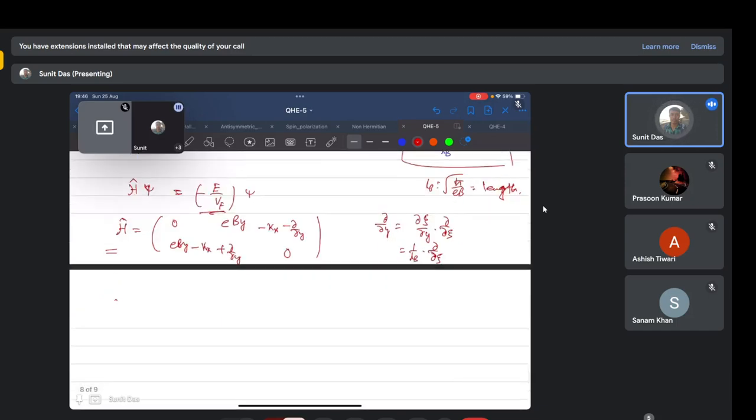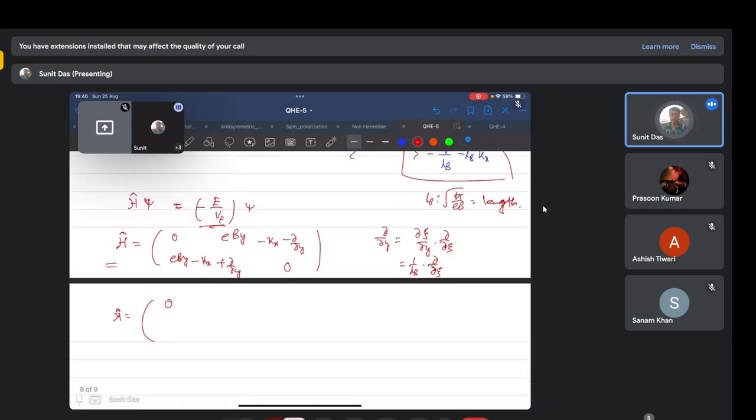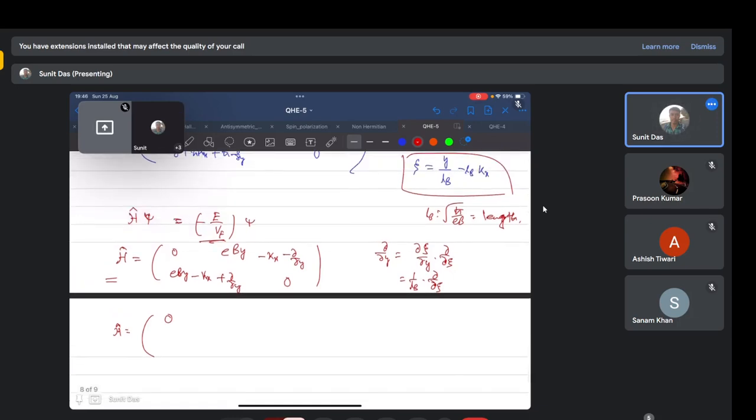So this Hamiltonian can be written as 0, eBy, and minus, let me multiply by lB.